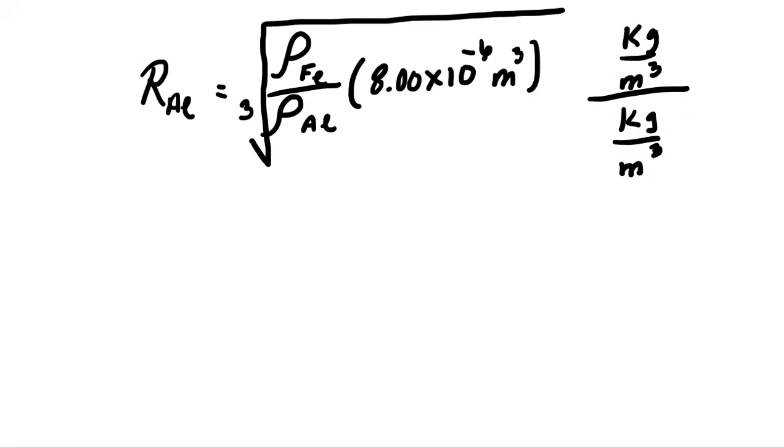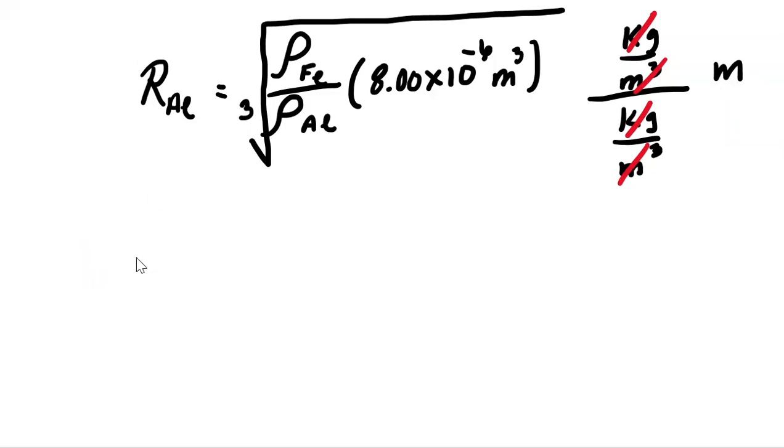We can see that these units are going to cancel. Over here we have a meter cubed, but we're taking the cube root of that, so what's going to be left over is meters. We're solving for a radius, so our unit should be in terms of length, and that's what we have right here, so our units are great.